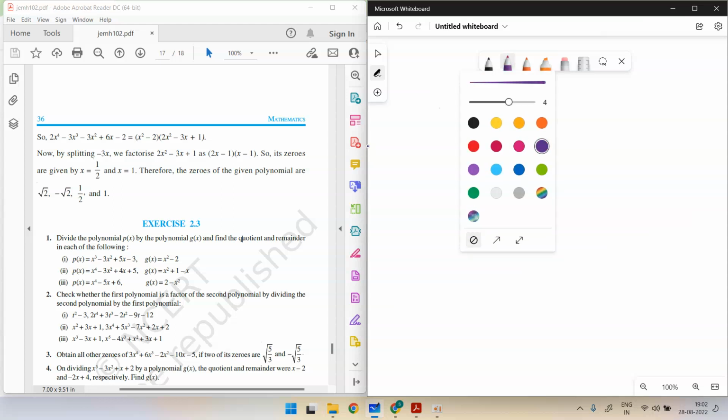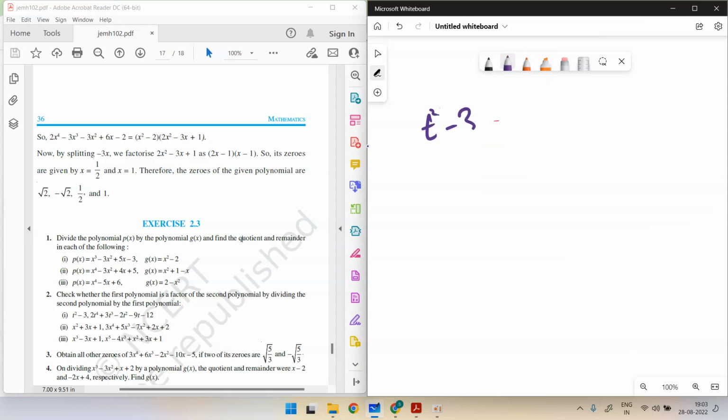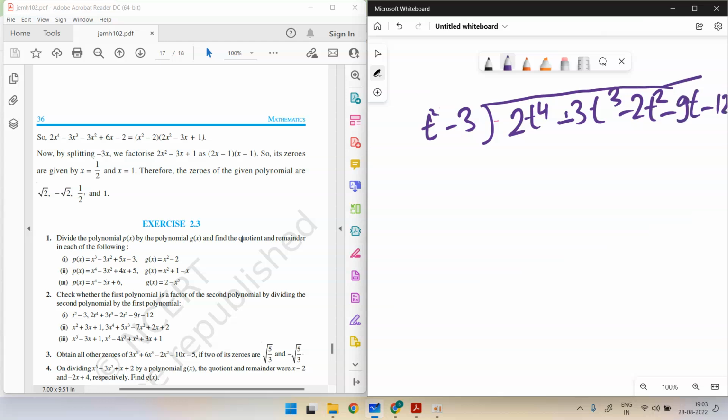So t square minus 3 is the divisor, and 2t power 4 plus 3t cube minus 2t square minus 9t minus 12 is the dividend. Now t square to 2t4 into multiply by 2t square. So multiply this to become 2t to the power 4, minus 3 into 2t square is minus 6t square.